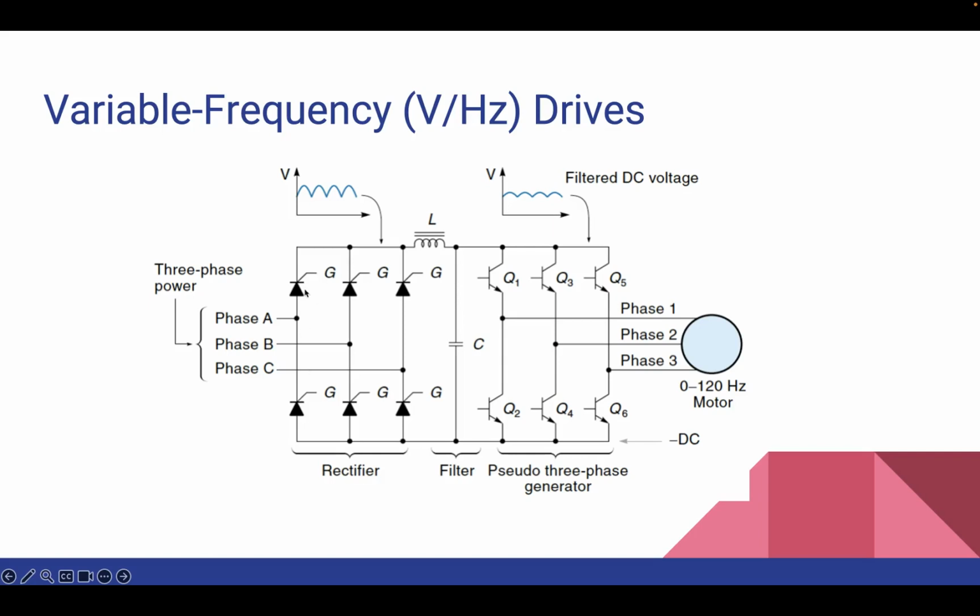This is the gate input, and it should be positive biased, and it should receive a pulse at the gate input. So in this figure, if the gate G that you see of each SCR is pulsed at the beginning of each positive AC cycle, then the SCR conducts for the maximum duration, resulting in the maximum DC voltage.